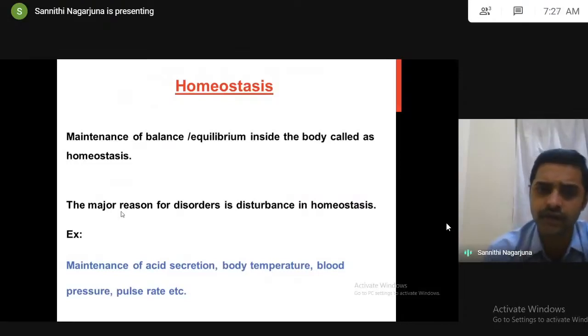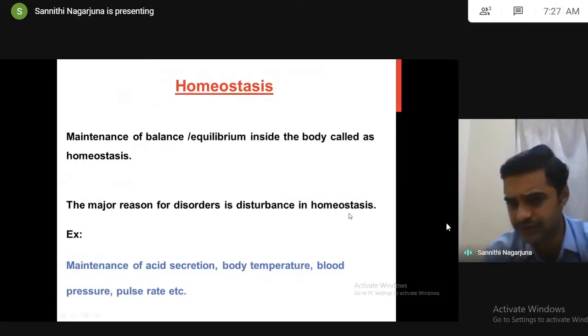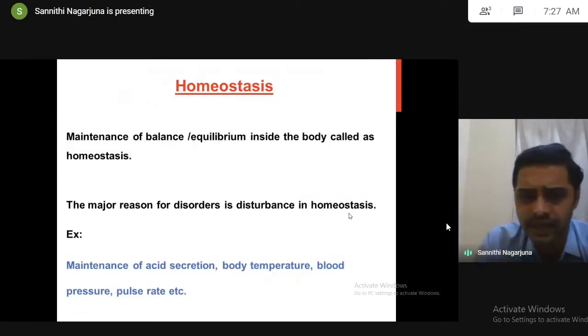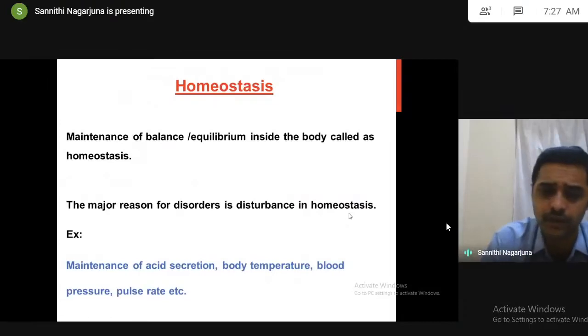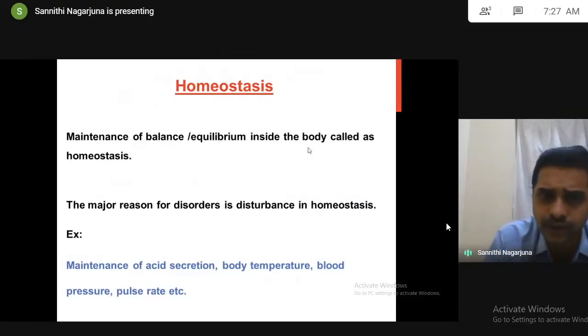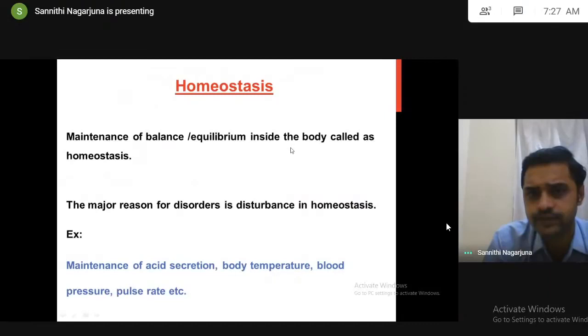The reason for altered function is disturbance in the homeostasis. Our body is made up of several systems which contribute to the process of homeostasis, the balance inside the body. So when the homeostasis is disturbed, that leads to disorders.